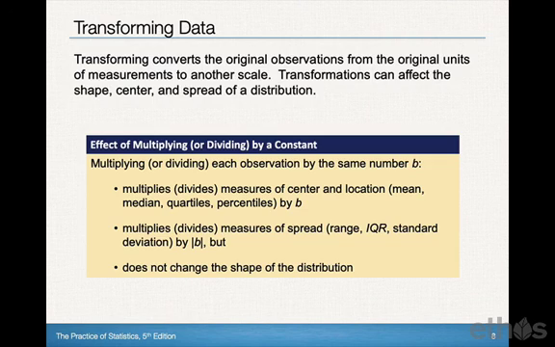Shape is symmetrical or skewed left or skewed right or approximately symmetric. So shape never changes. That's a nice always thing to remember. And all four operators, add, subtract, multiply, divide, will change measures of center and location. So those are your always. Spread is changed by multiplying and dividing, but not by adding and subtracting. And you're going to have to commit that to memory because that's not on a formula sheet anywhere.